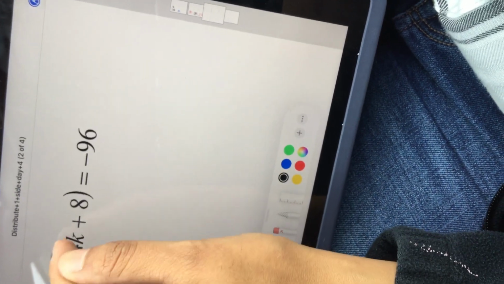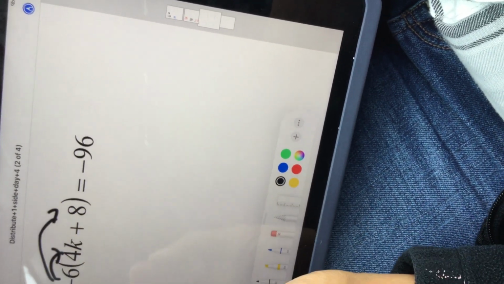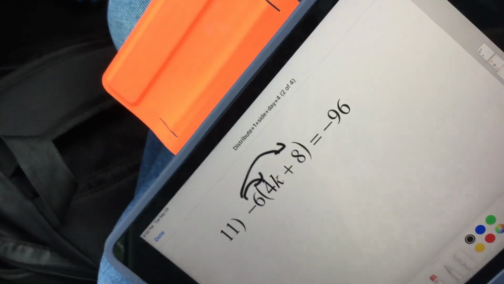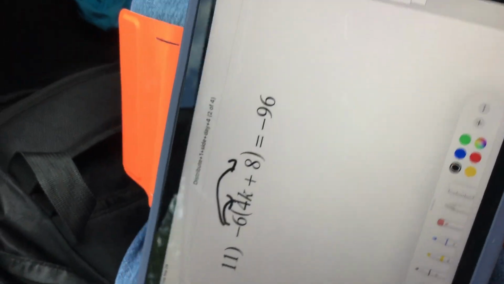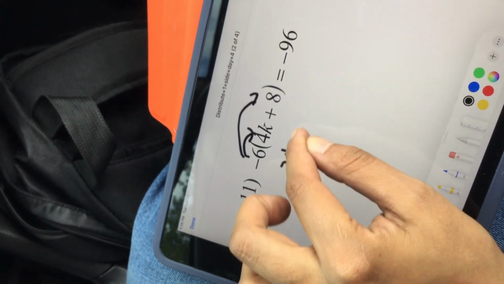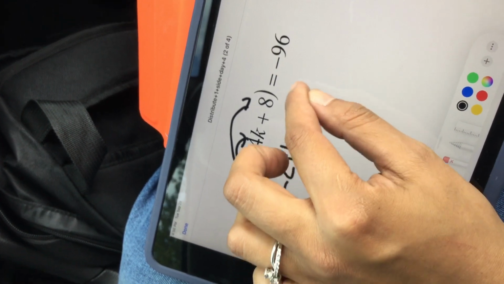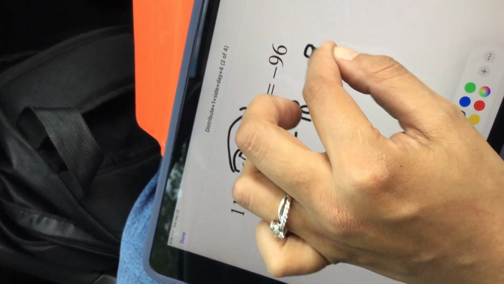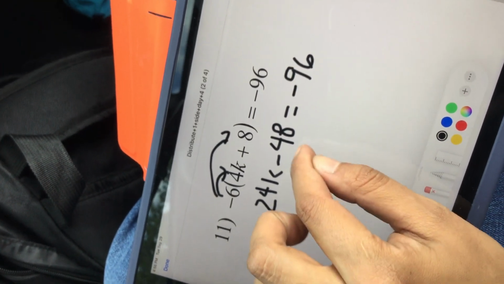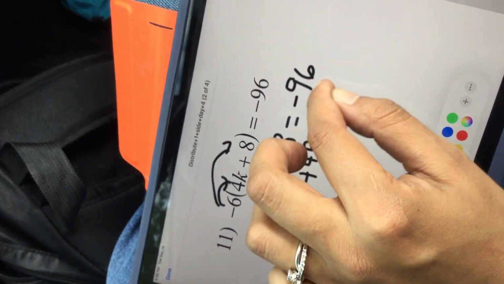Looking at 11, we're going to distribute. So I got negative 24k minus 48 equals negative 96. We're going to add or subtract, so plus 48 plus 48.